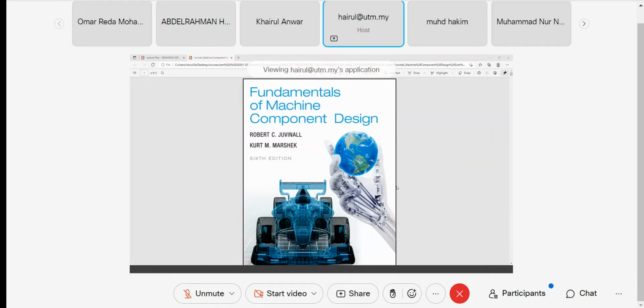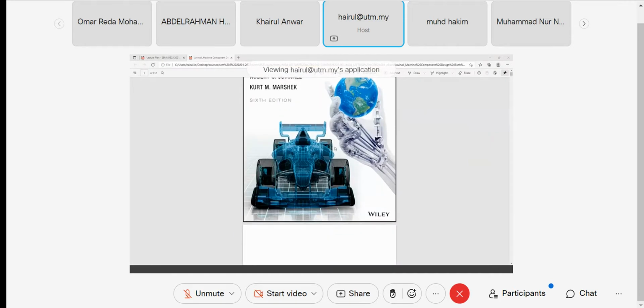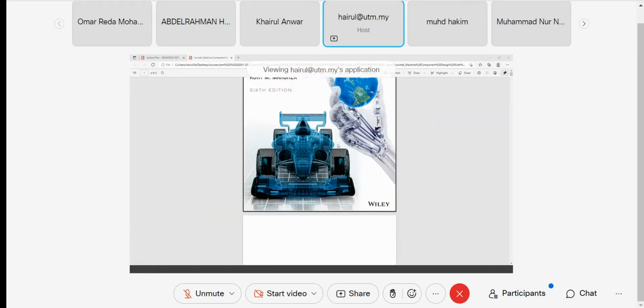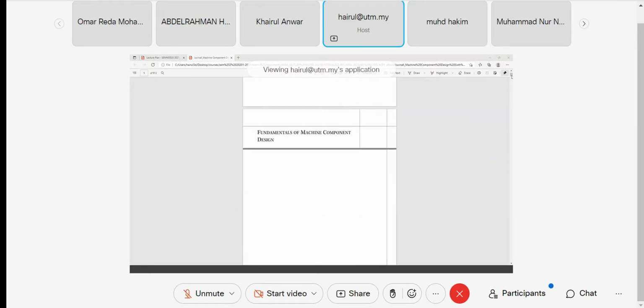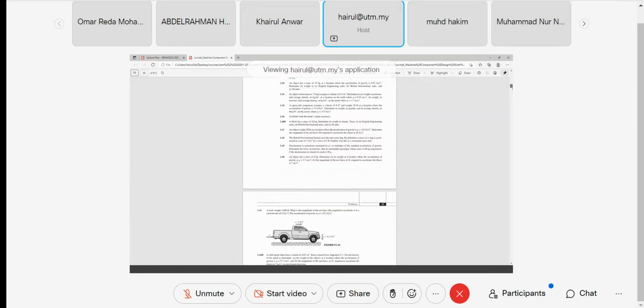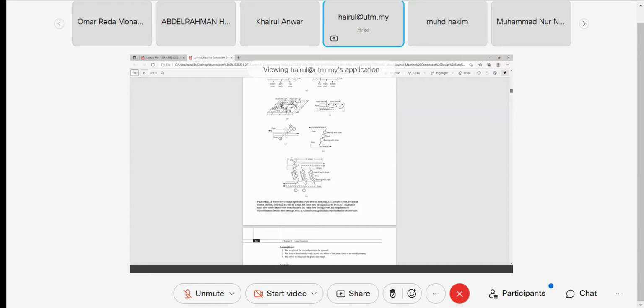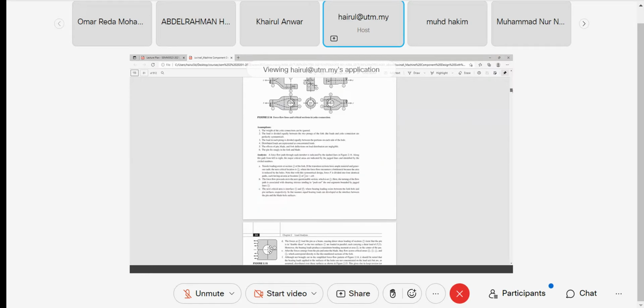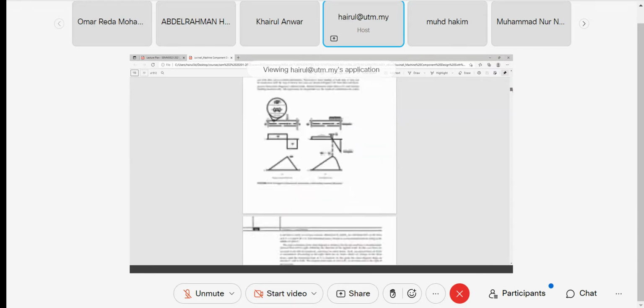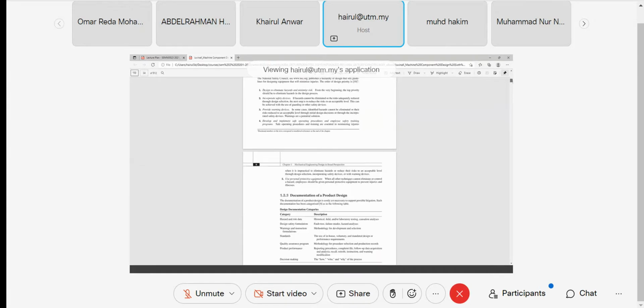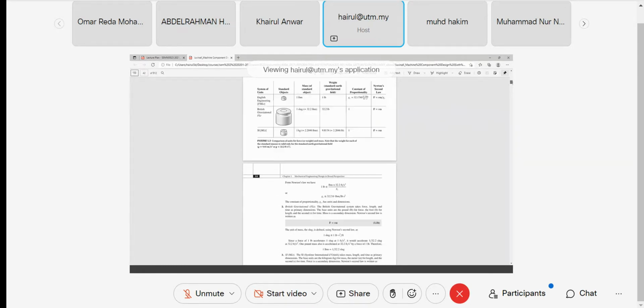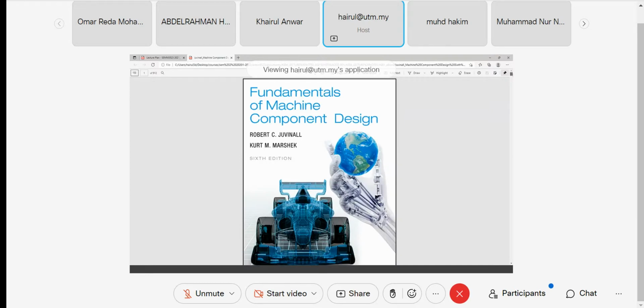Okay, this is our textbook. Juvinall is already in the e-learning, you can download it from there. The 6th edition is there. Sometimes the assignment I give to you is from a certain chapter from this textbook, for example, like fatigue analysis and static analysis. Sometimes from the one that I attach in the e-learning. So this is the Juvinall textbook.